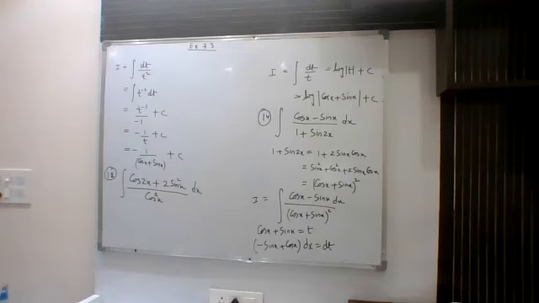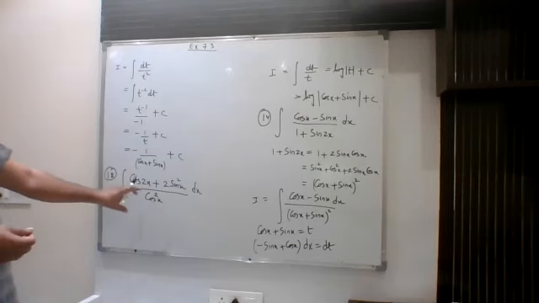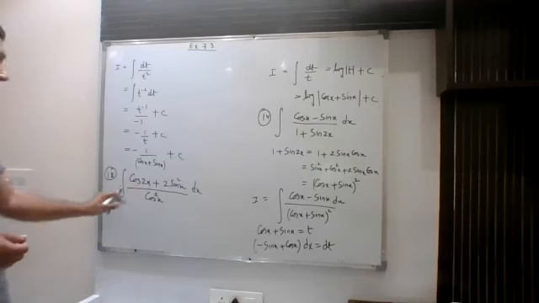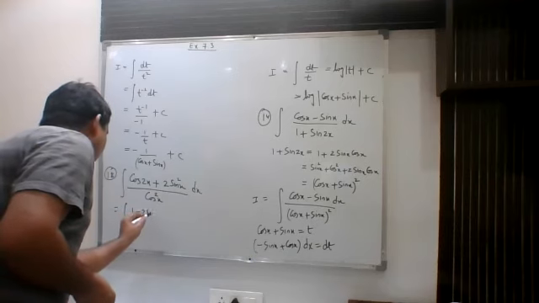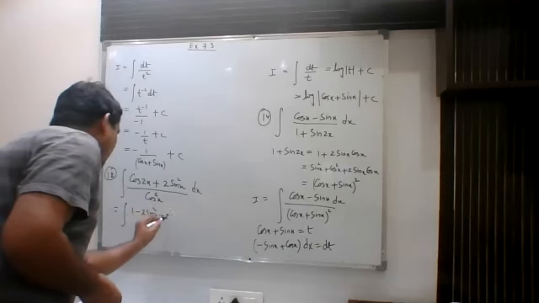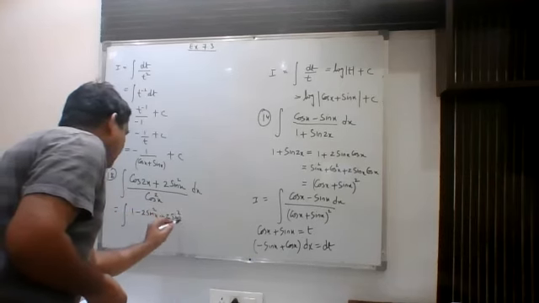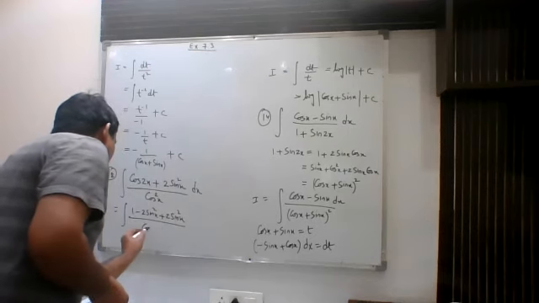In this question number 18, what we can do is put the value of cos 2x as 1 minus 2 sin square x. This can be written as (1 minus 2 sin square x plus 2 sin square x) whole upon cos square x dx.